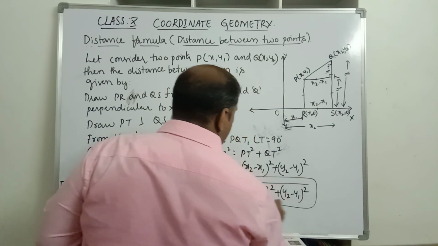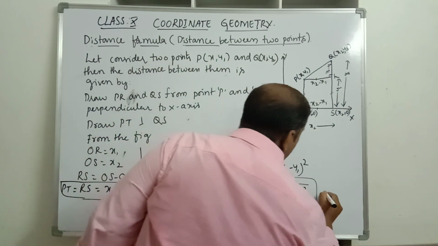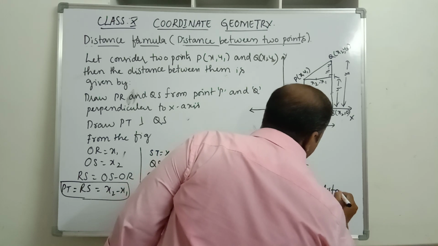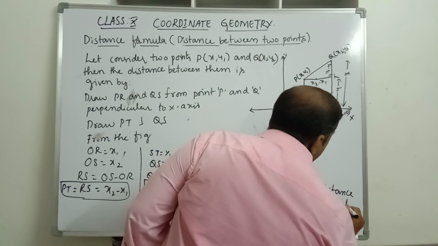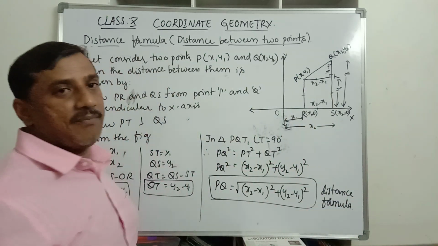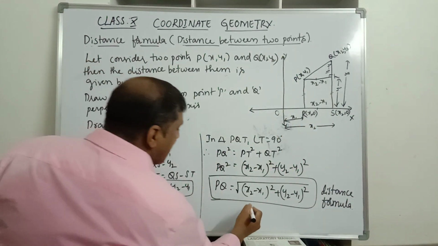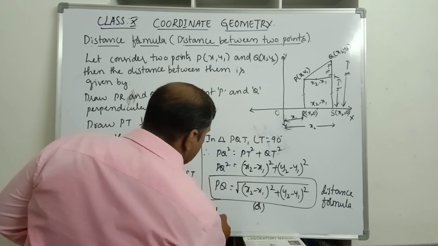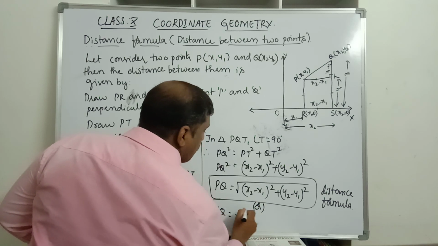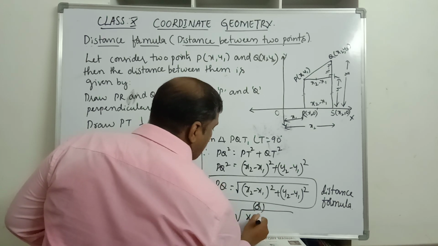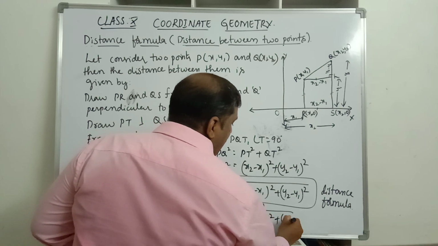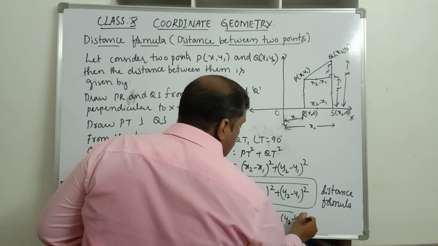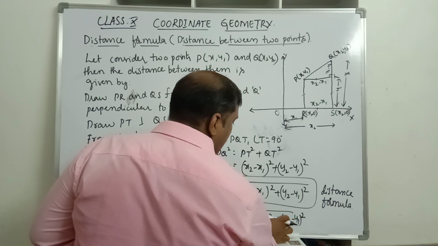So this formula is known as the distance formula. So like this we derive this formula. This can also be written as PQ equal to the square root of x1 minus x2 whole square plus y1 minus y2 whole square.